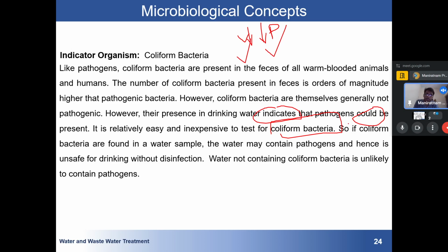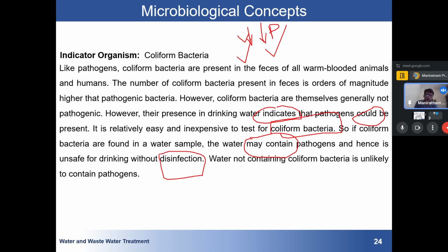I am saying could be. Just be cautious about this statement: if the indicator organism is present, pathogens could be present, not for sure. So if coliform bacteria are found in the water, it may contain pathogens, and hence is unsafe for drinking without disinfection.